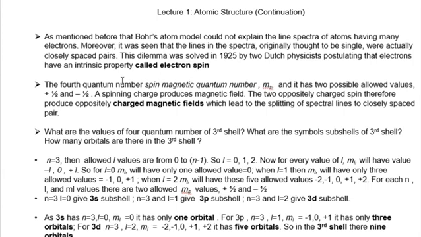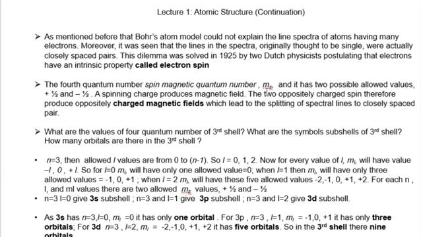The electron has an intrinsic property called electron spin. Now the fourth quantum number is designated as lowercase m with a subscript s.